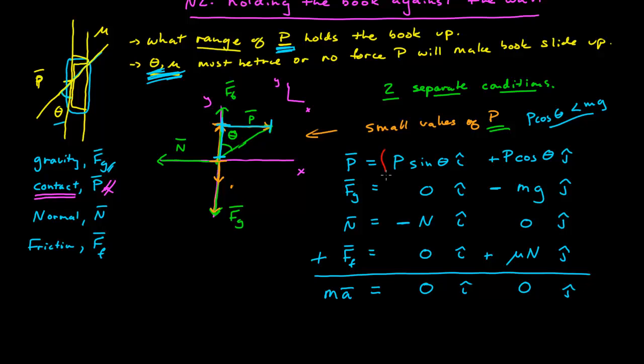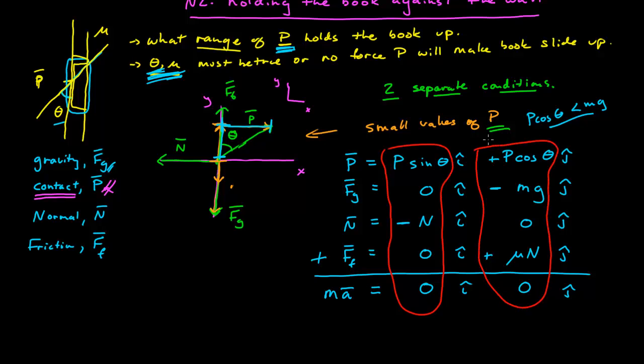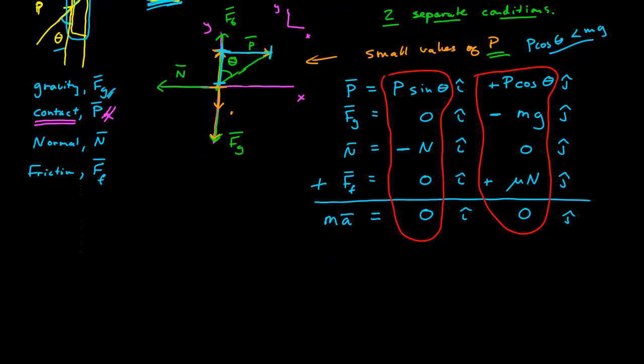So that gives me two relationships in 2 dimensions between all my important components. I have that P sine theta minus n is equal to 0, and P cos theta minus mg plus mu sub n is equal to 0.